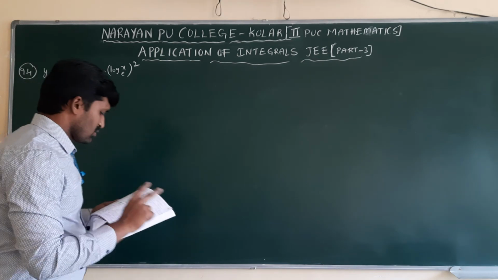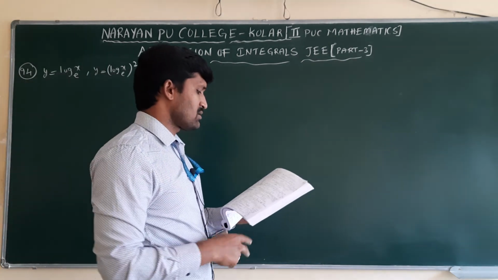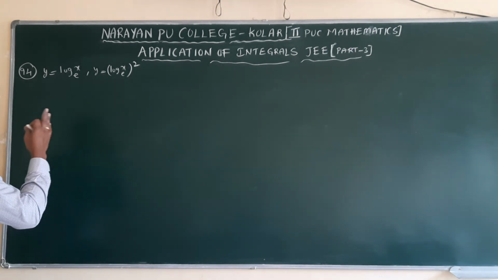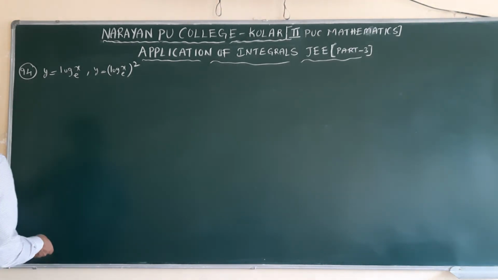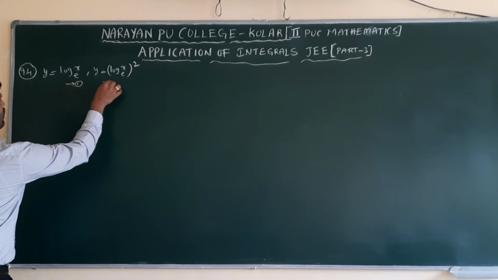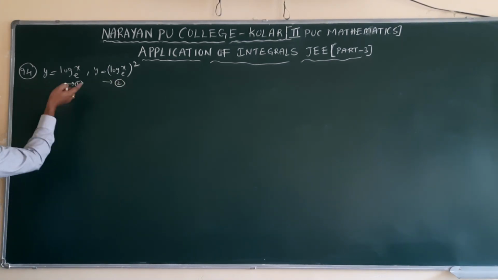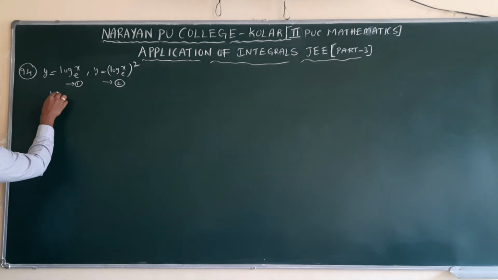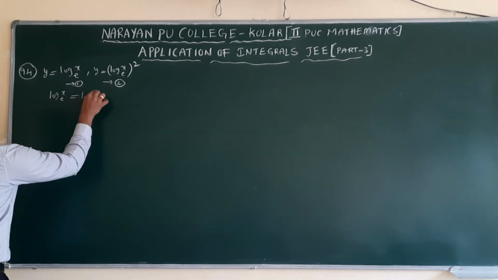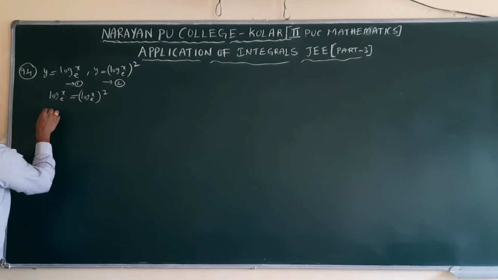Now here limits are not given, we need to find the limits. Where these two are intersecting we don't know, we need to find that by solving these two equations 1 and 2. Both left side values are equal, that's why log x to the base e equal to log x to the base e whole square.